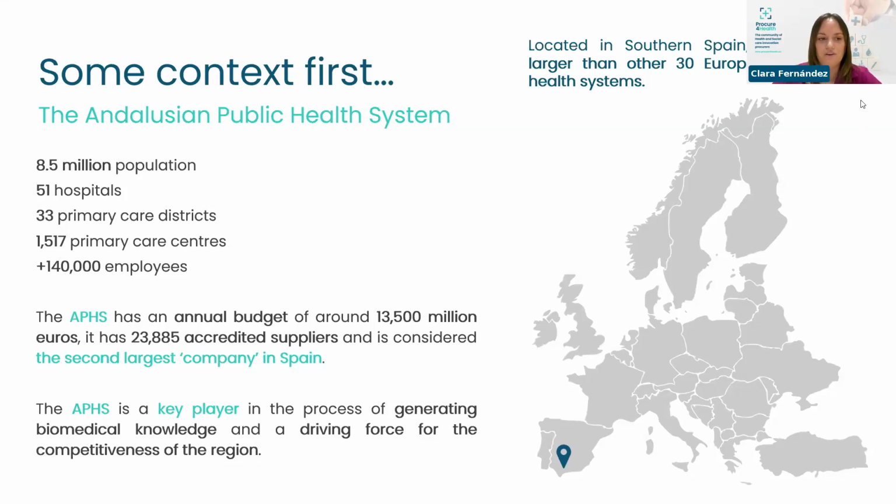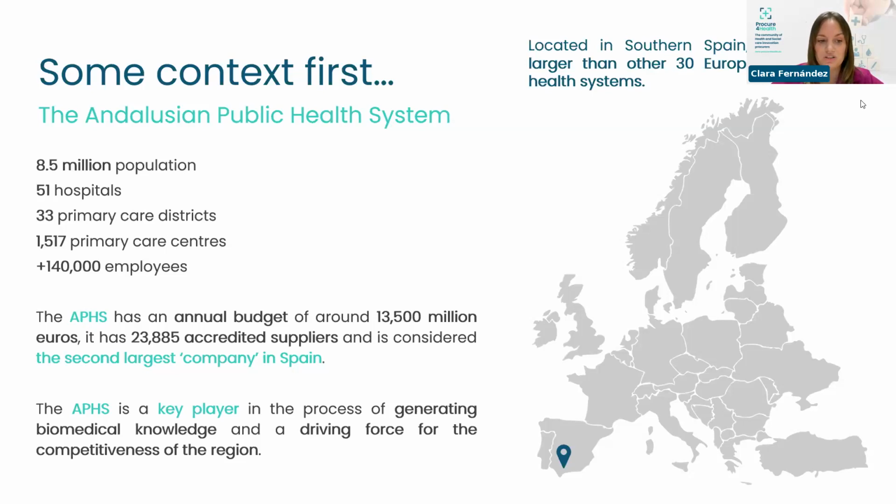to the following figures. We have 51 hospitals, 33 primary care districts, also 1,500 primary care centers, and more than 140,000 employees. In terms of budget, the Andalusian health system has an annual budget of around 13,500 million euros and almost 24,000 suppliers.